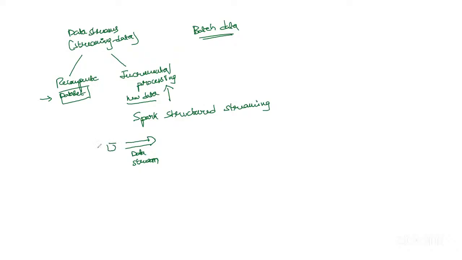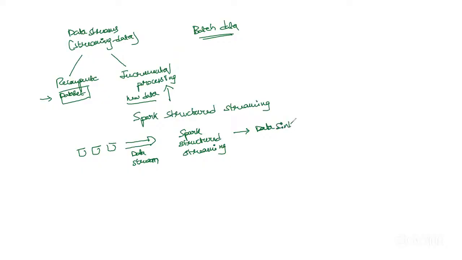So the new data will keep on coming in and it will be streaming into the Spark structured streaming libraries. A few libraries make regular Spark into Spark structured streaming, and you can save the output in a data sink.